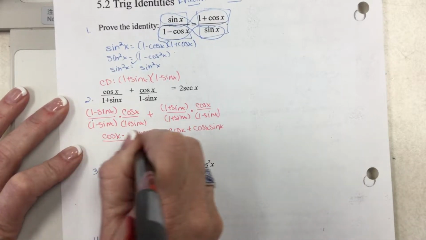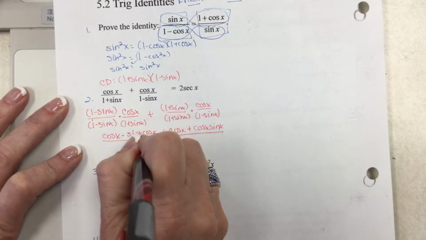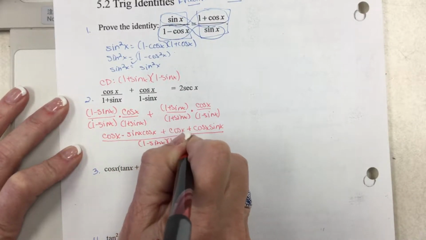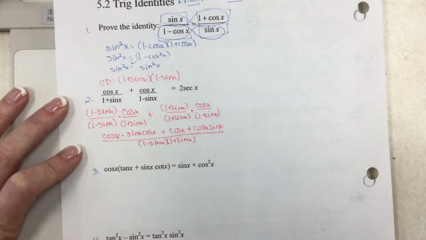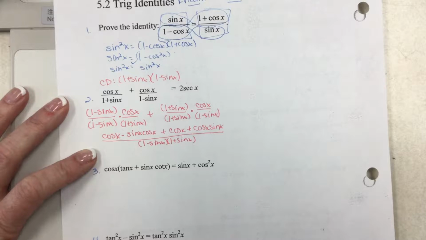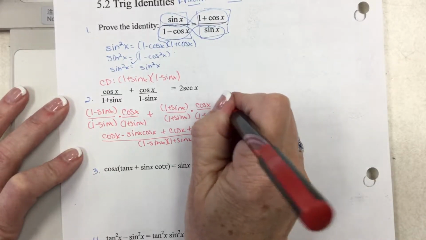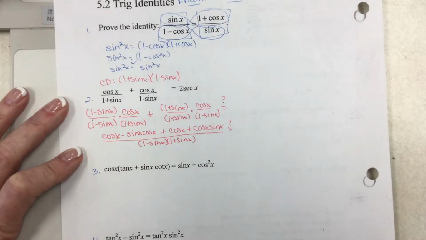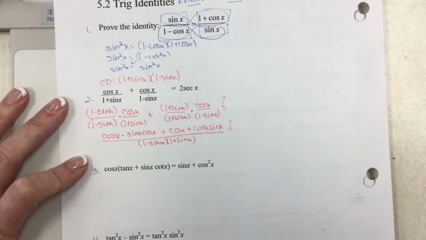It doesn't matter the order because it's being multiplied. All over my common denominator of 1 plus sine x, 1 minus sine x. And again, I'm wondering, does it equal 2 secant x? Or do we have fake identities going on here?